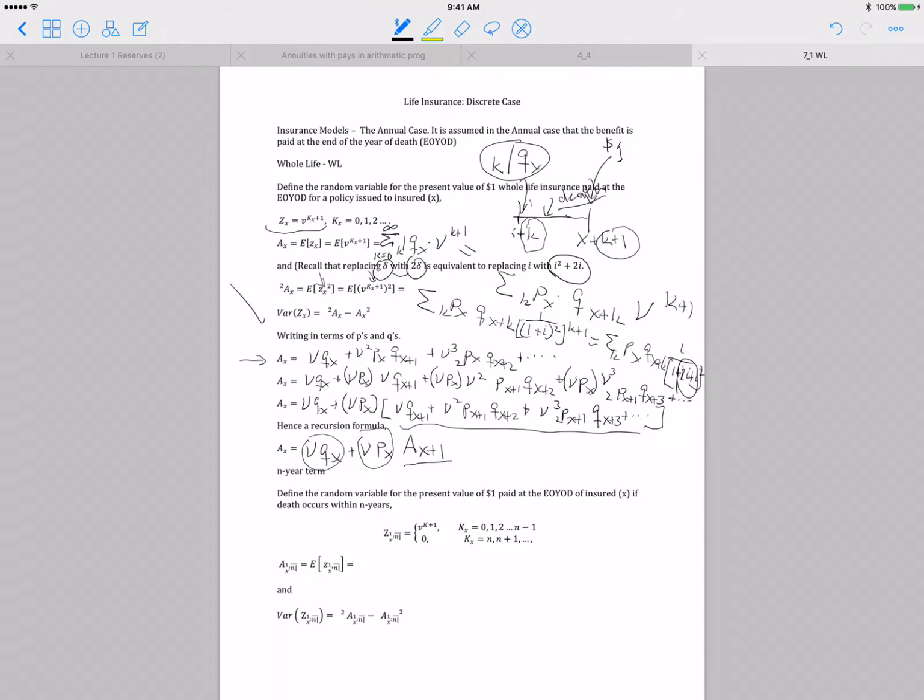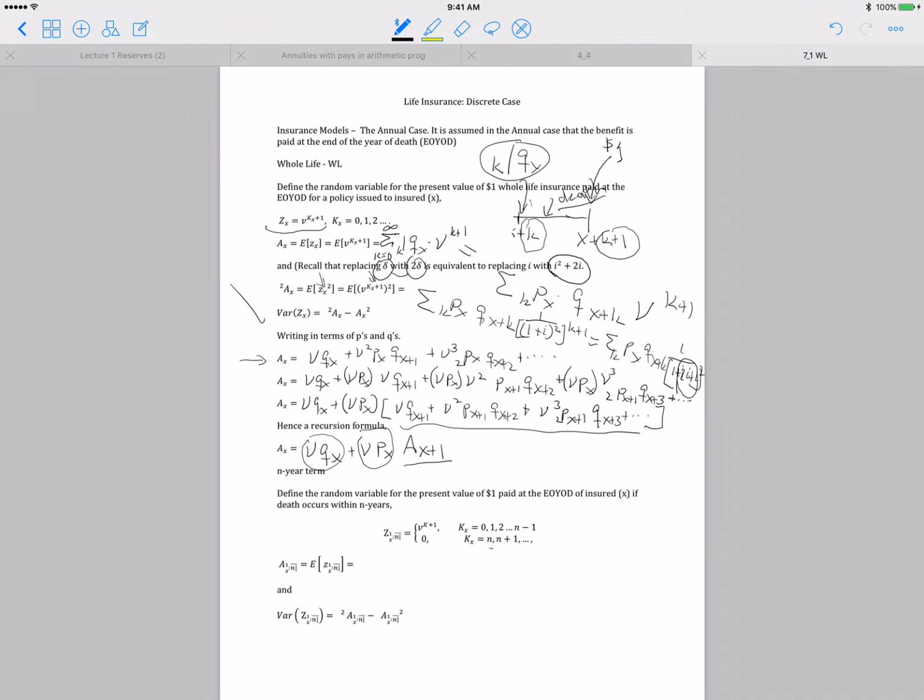Okay, so let's look at term insurance where the benefit is paid at the end of the year of death, and we're using the curtate probabilities to find that year of death. So we define the random variable for the present value of $1 paid at the end of the year of death of insured age x if death occurs within n years.